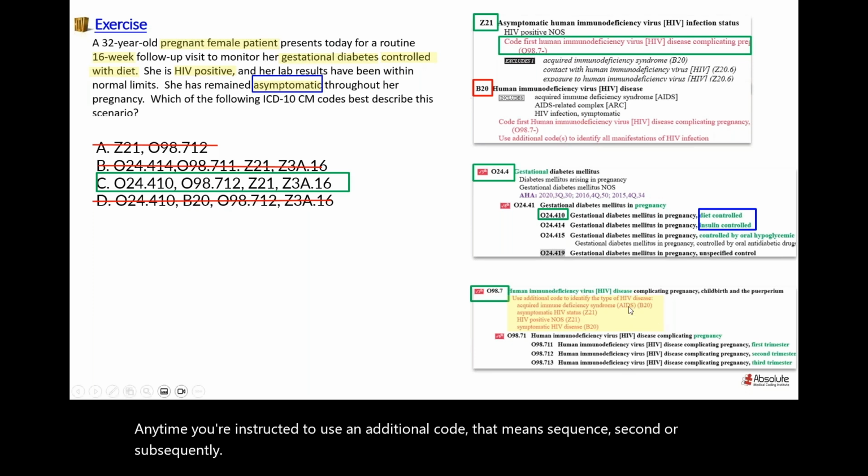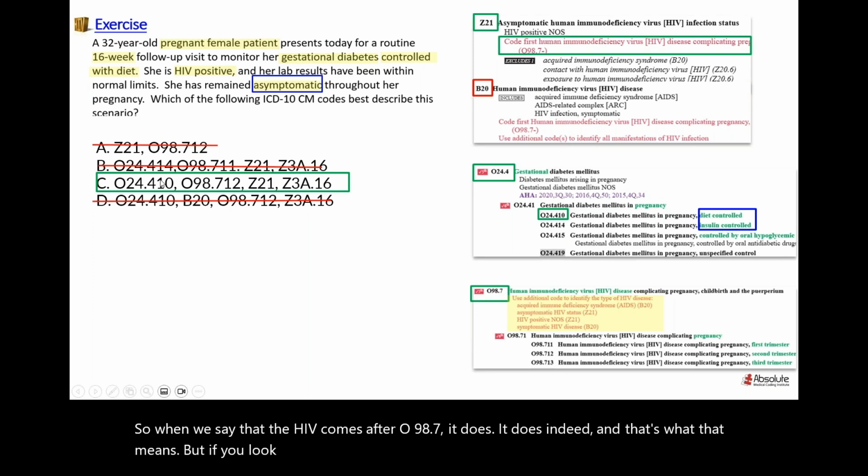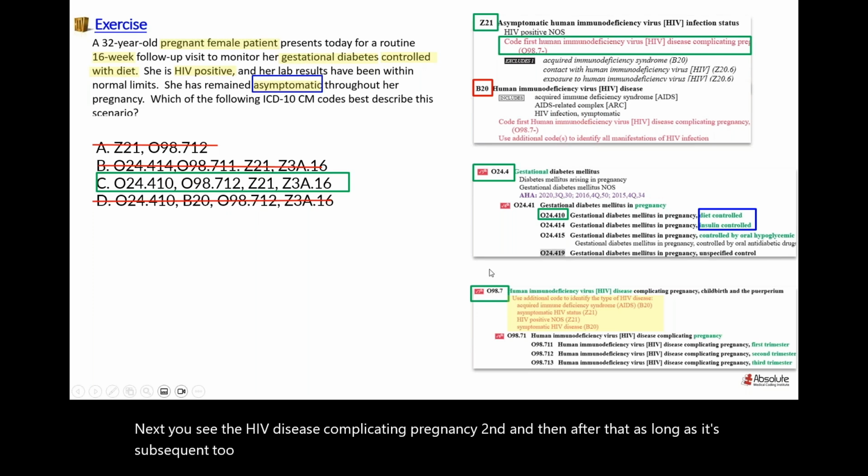So when we say that the HIV comes after O98.7, it does indeed. And that's what that means. But if you look at C, you see the gestational diabetes sequenced first. Next, you see the HIV disease complicating pregnancy second. And then after that, as long as it's subsequent to O98.7, your HIV should come next.